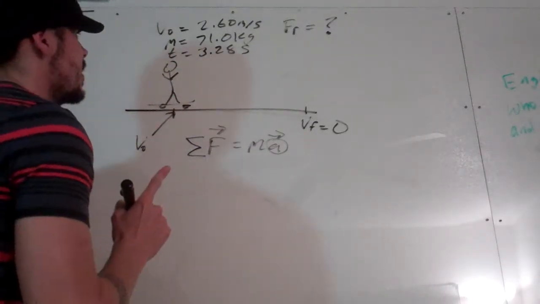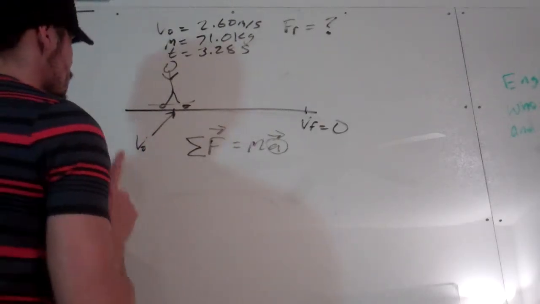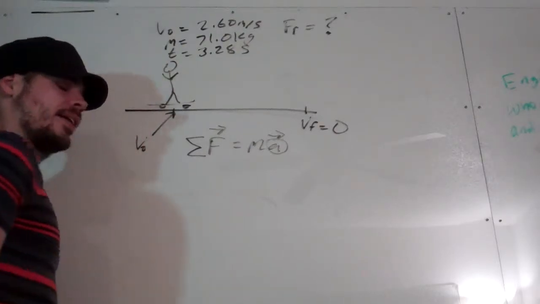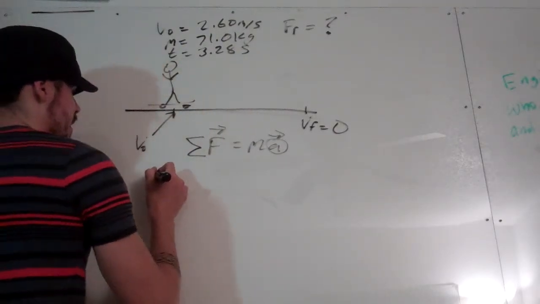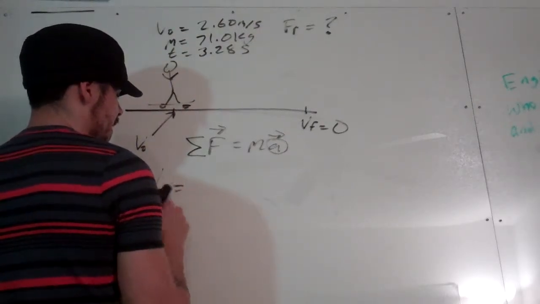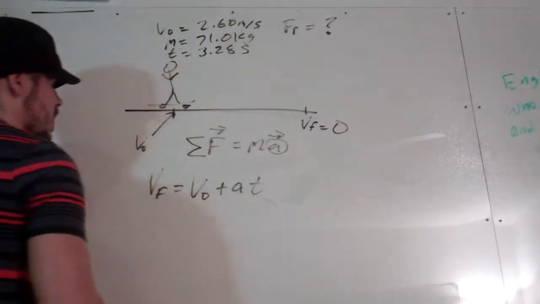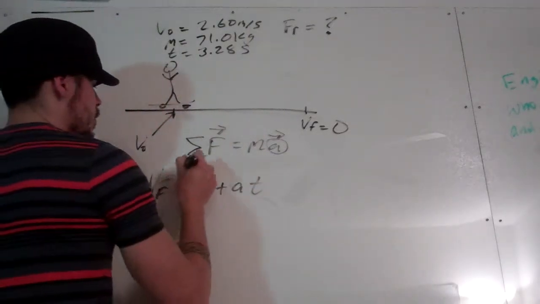We can find that acceleration because we know at least 3 pieces of information, so that we can use a kinematic equation. In this case, we want to make it a simple one. We have this kinematic equation: velocity final is equal to velocity naught plus acceleration times time. And we know that the final velocity is equal to 0.